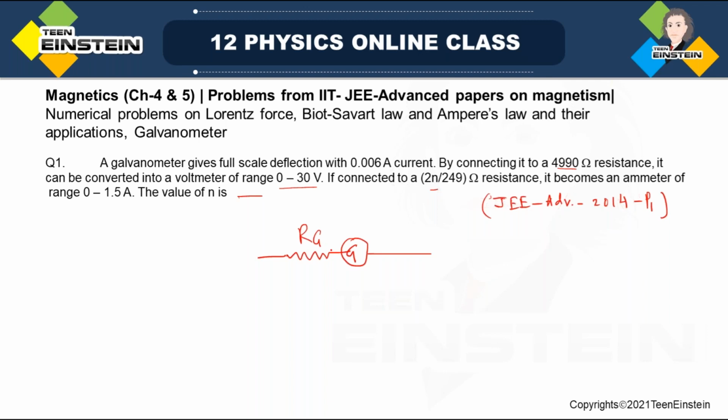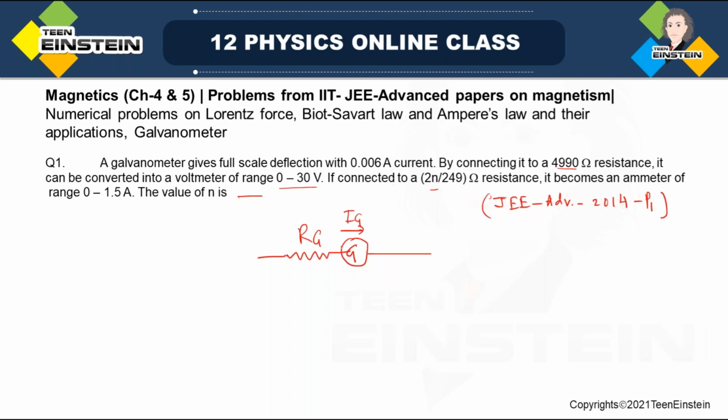Now if you want to convert this into a voltmeter or an ammeter, you need to know two things. What are the things you need to know? You need to know the allowed current through the galvanometer, that is IG, say.